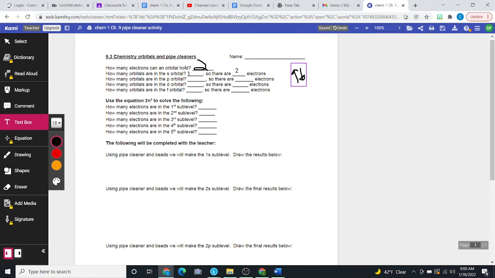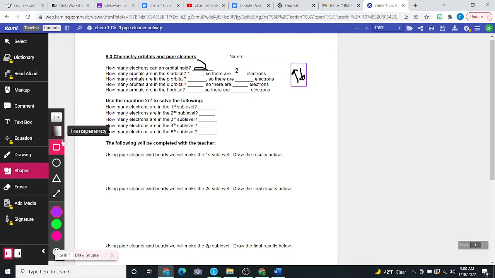All right, how many can the p orbital hold? Well, if you remember back to this, we would go 1, 2, 3. And if you remember back to that video, and it has been a while, they almost look like number 8s or infinity signs, and you would see 1 infinity sign come in, then you would see a 2nd infinity sign come in, and then you would see a 3rd.